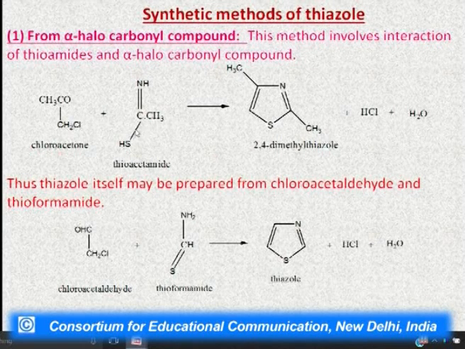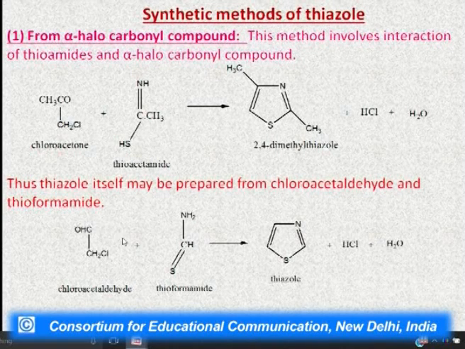It reacts with thioacetamide, and these two molecules interact together and give 2,4-dimethyl thiazole. In this reaction the yields are very low since these two side products are formed.